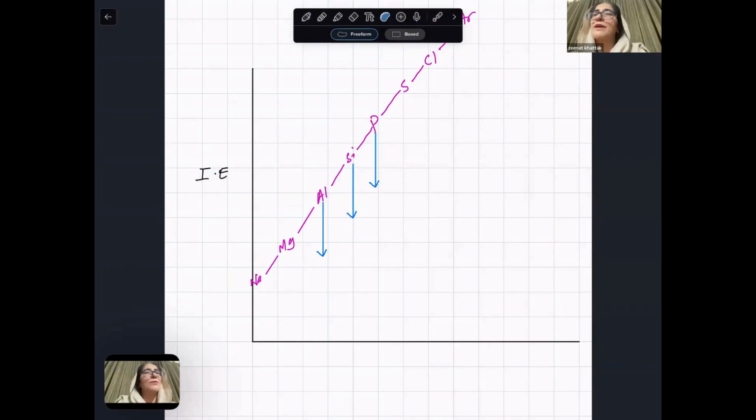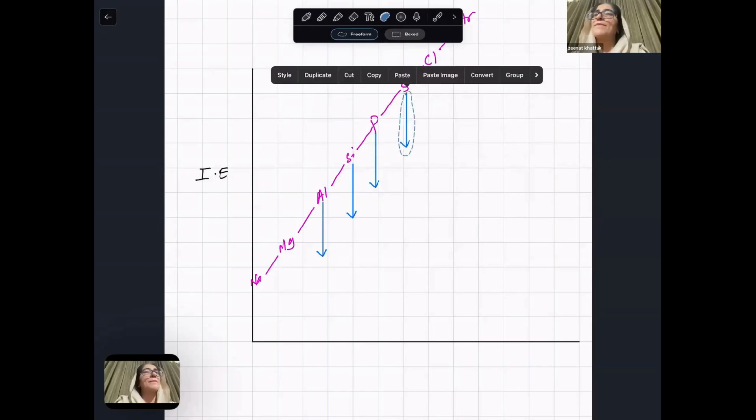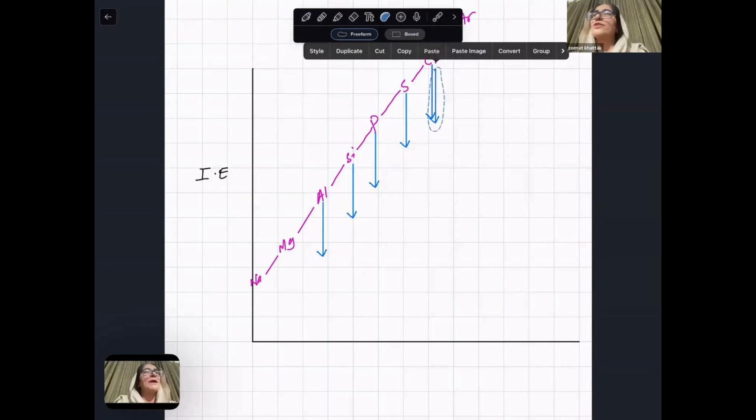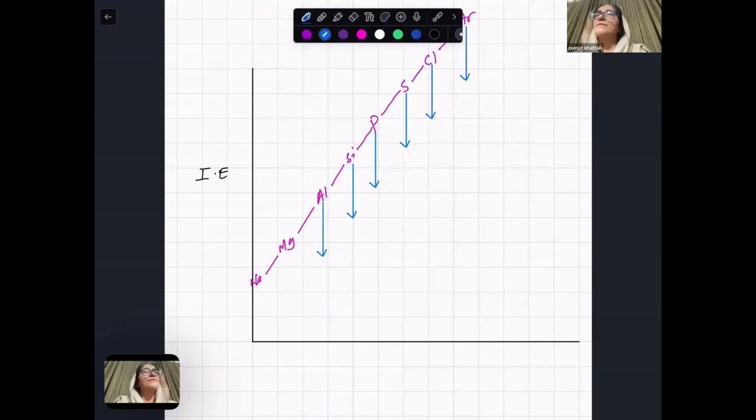Why do they drop? Because the electron is coming out of the p. But if you look at the situation, this increases, but this lowers. The protons increase, attraction increases, but this electron is in the p, which is far as compared to 3s, so it drops.